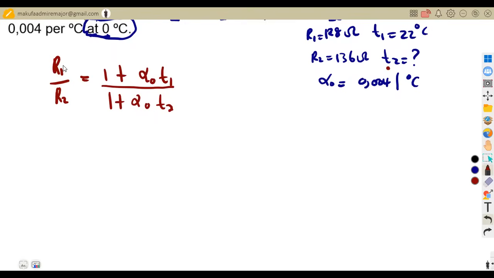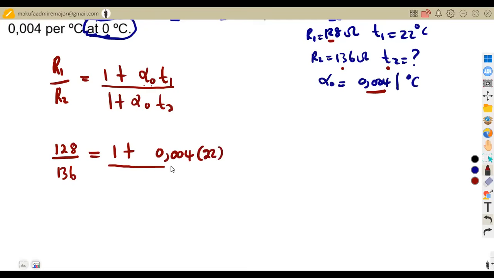R1 is 128, so we have 128 over R2, which is 136, equal to 1 plus the temperature coefficient at 0 degrees Celsius, 0.004, times T1, which is 22, all over 1 plus the temperature coefficient at 0 degrees Celsius times T2.